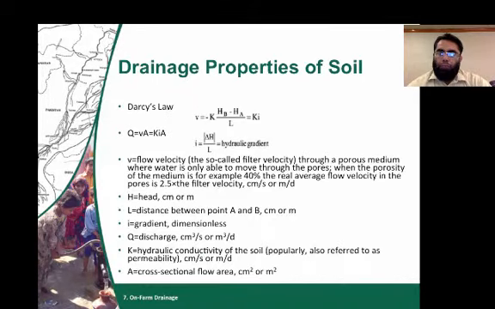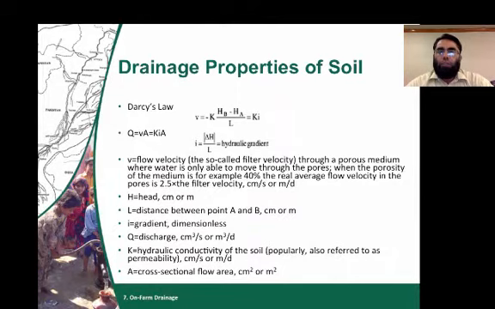Here you see the basic equation of Darcy's law, which basically relates the flow through porous media with the hydraulic gradient and area of the flow.